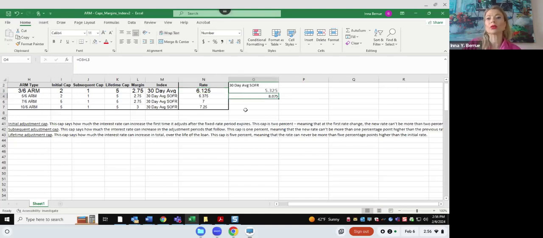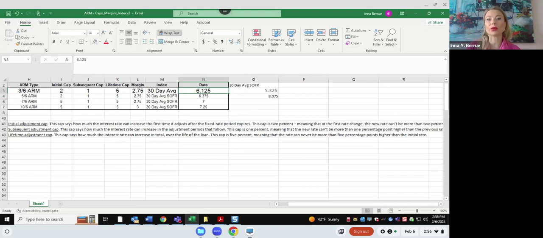Now, one can look at this rate and say, this is a horrible rate. Why would you want to sign up for that 3-year ARM? The reason why someone may decide to go for that is because of several things. First of all, this rate is typically lower than, let's say, a 30-year mortgage, right?